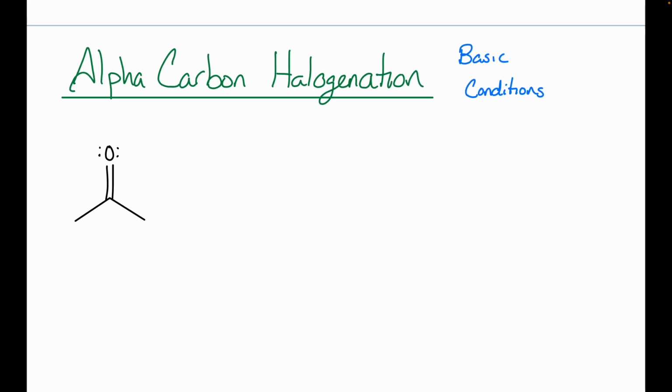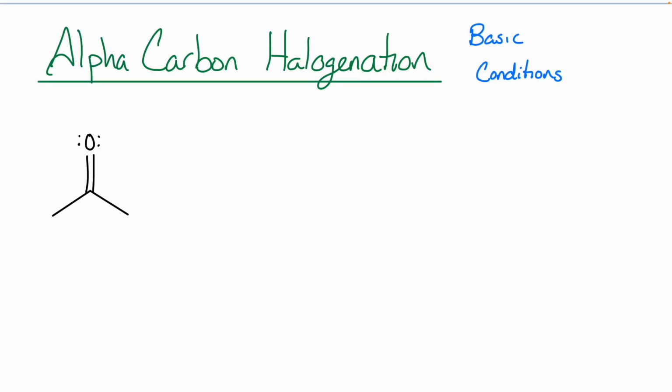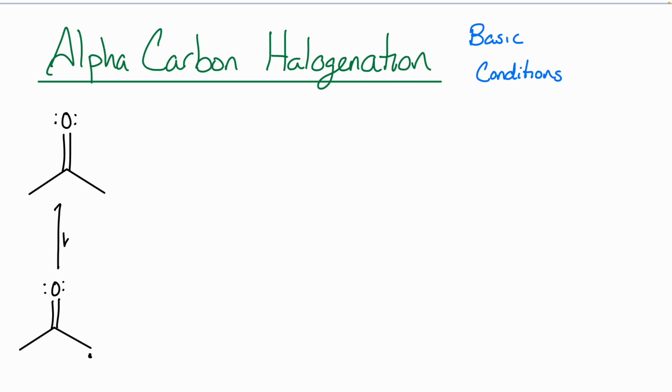We have our aldehyde or ketone that's going to tautomerize and form that enolate ion. You can use either resonance structure for your enolate ion, but if you use the one with the carbanion, it's a little bit more straightforward in terms of your mechanism.